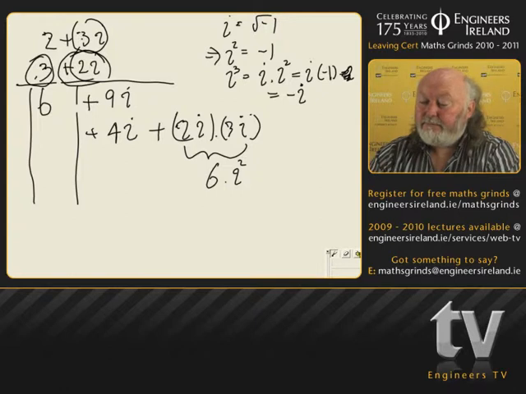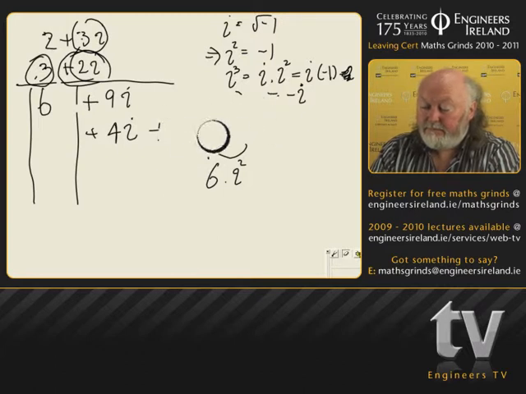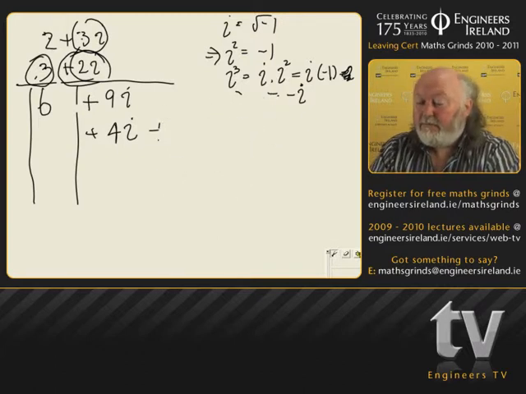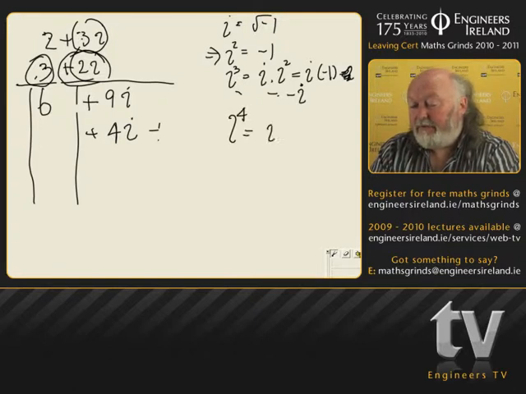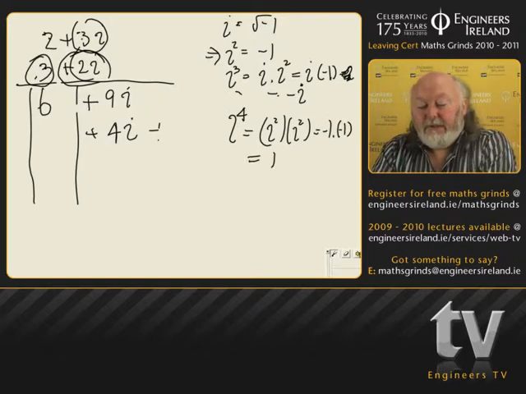What about i to the 4? Well, that is i squared by i squared. So it's minus 1 multiplied by minus 1. So it's 1. We can list these.